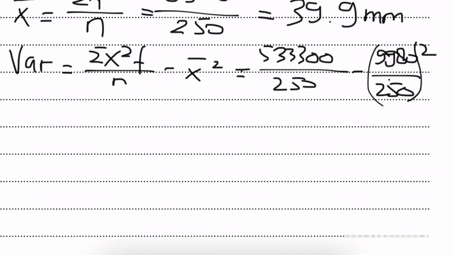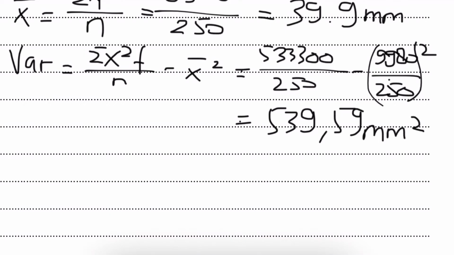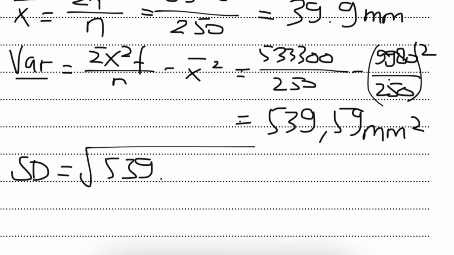You will get 539.59 millimeters squared. Now since you have variance and what you need is the standard deviation, you can just square root that value. So square root of 539.59 is 23.2 millimeters.